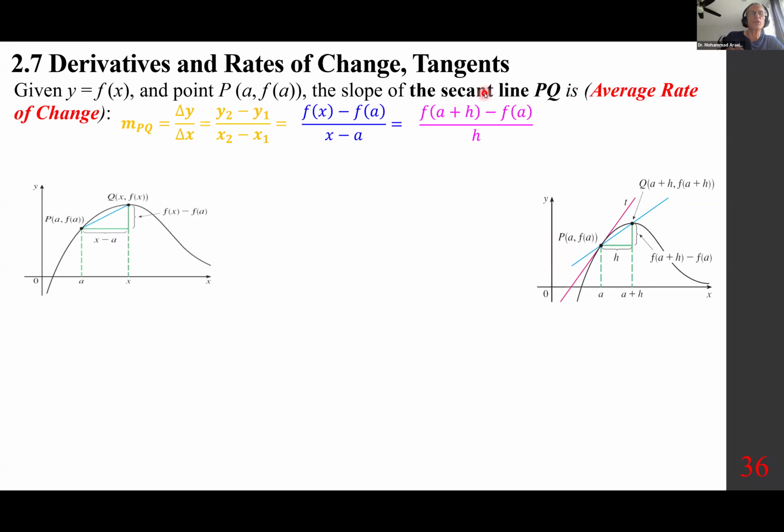This is another way of writing the same thing, the slope of a line given 2 points. Now, if you call this pair b, f of b, it's f of b minus f of a over b minus a. They are all giving us the same thing, rise over run.